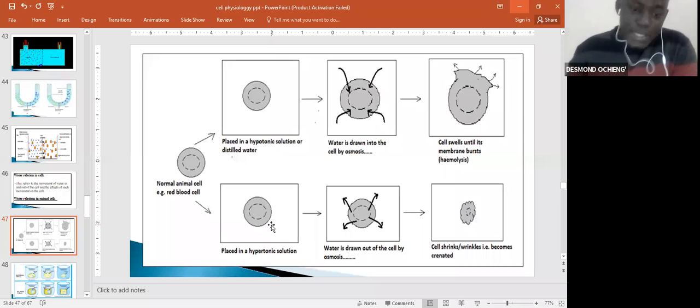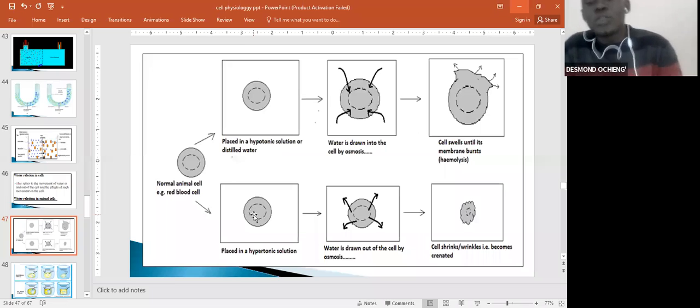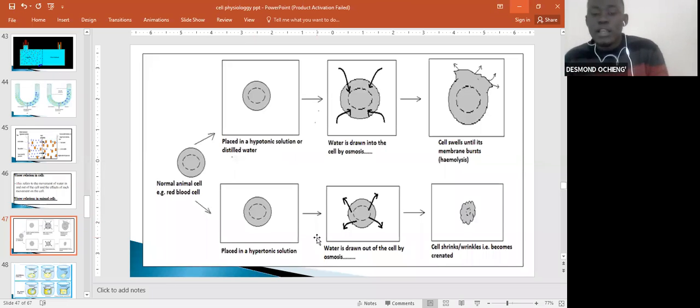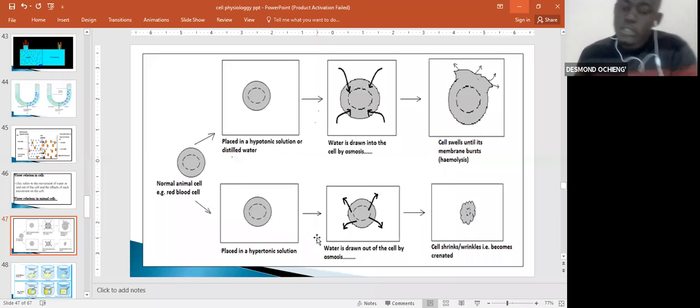So when an animal cell is placed in such a solution, water will be drawn out of the animal cell by osmosis. Instead of gaining water, this animal cell will start losing water into that hypertonic solution. As water is drawn out of that cell by osmosis, the cell shrinks.